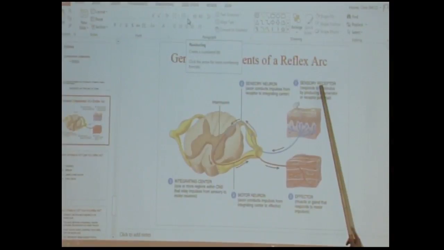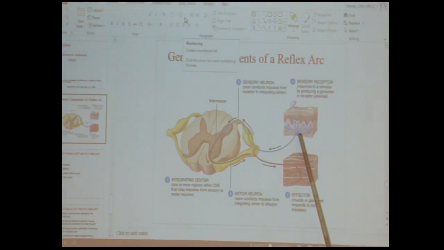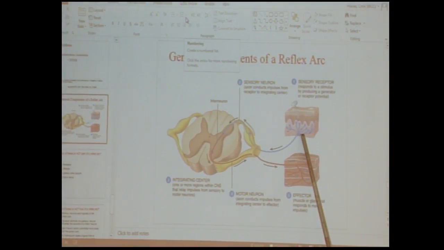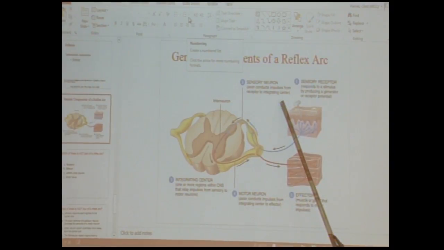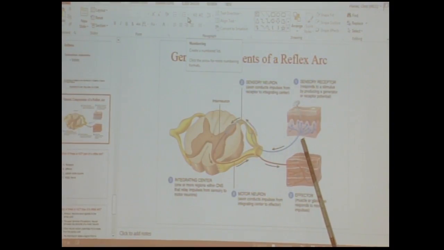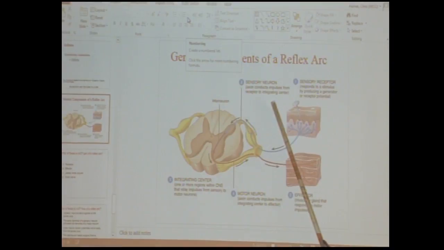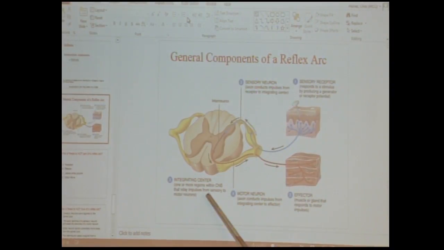You've got the receptor itself, so that's like the dendrite, basically, of the first neuron. And then the neuron that takes that information, it's a sensory neuron. Integrating center decides what to do about it. The motor neuron takes the signal from the integrating center, and then the effector actually does the response. It's like contract a muscle or relax a muscle usually.